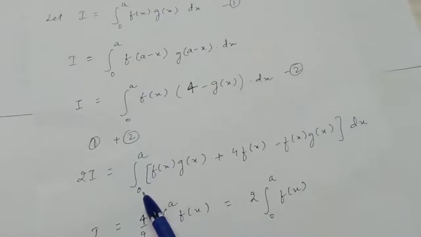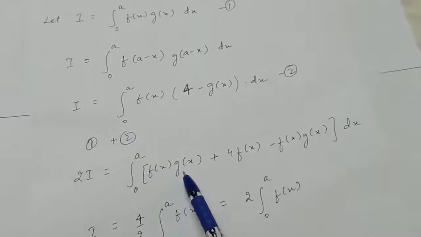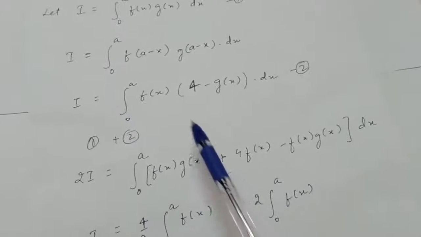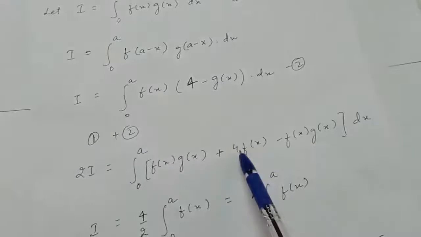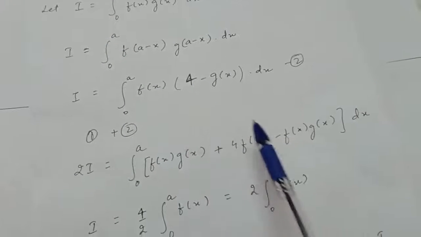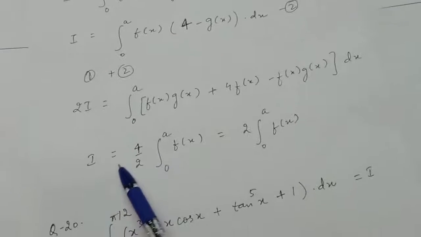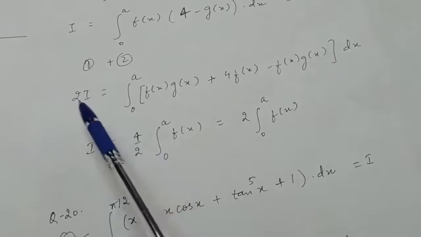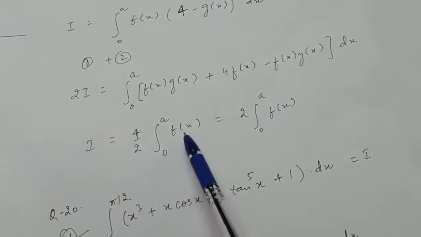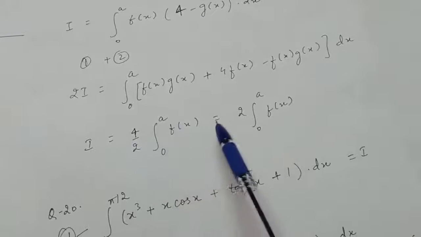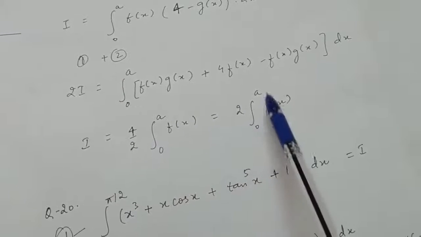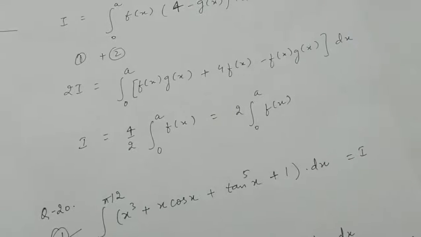Now see, integral of f x into g x plus 4 into f x minus f x into g x. Now this will get cancelled. So you will get I as equal to 4 upon 2 integral of f x from 0 to a, which will be twice of integral of f x from 0 to a, which we wanted to prove.